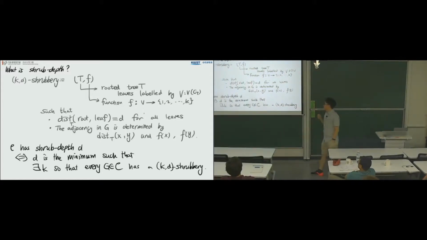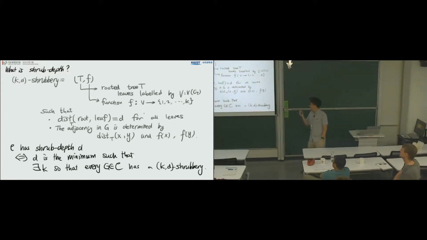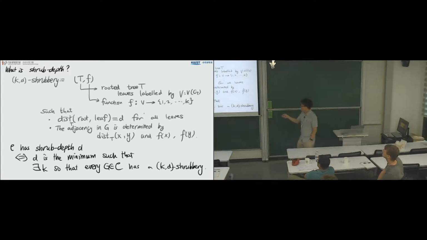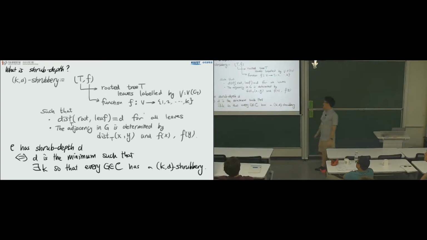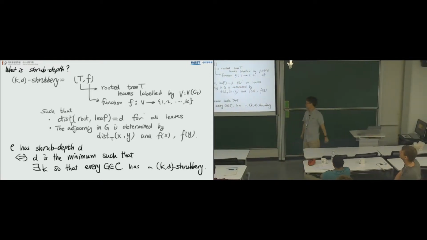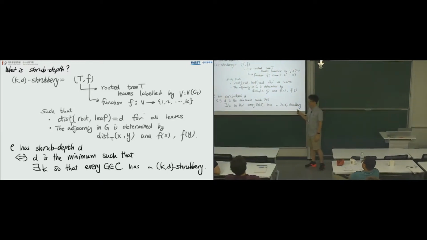And then a class of graphs has shrub-depth D if and only if, this is the definition, D is the minimum number such that there is some maximum number of colors K, so that every graph in your class has a KD shrubbery.